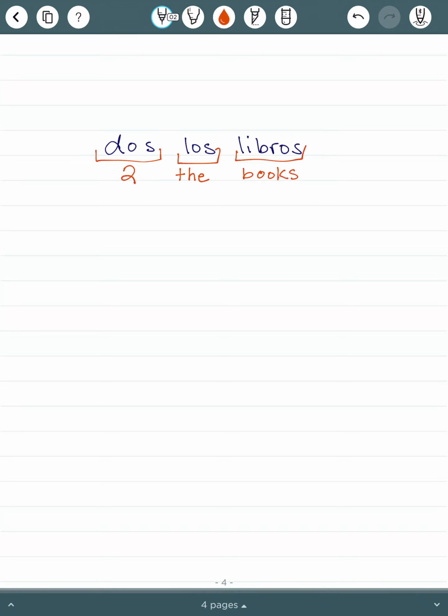Two the books. That does not make sense. So keep in mind, if you're using a number and you want to say two books, just dos libros. If you want to say the books, then say los libros. But you're really not going to ever need a number and an article together.